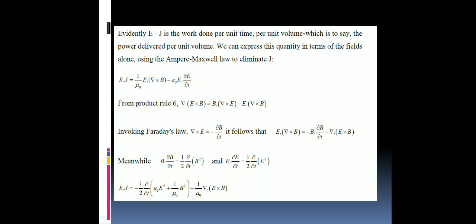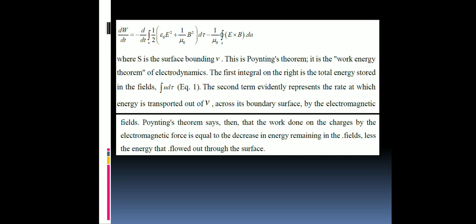Putting this equation in the above equation, we get dW by dt is equal to minus d by dt integral over V of (1 by 2 epsilon naught E squared plus 1 by 2 mu naught B squared) d tau minus 1 by mu naught closed surface integral of (E cross B) dot dA, where S is the surface bounding the volume V. This is Poynting's theorem.